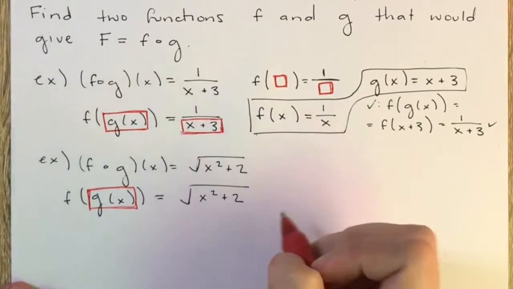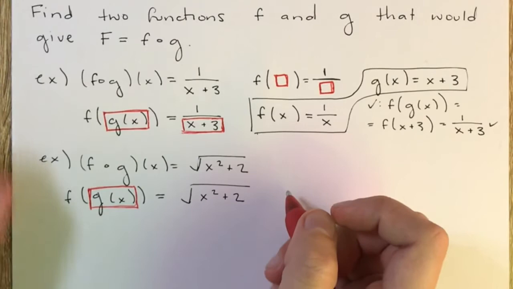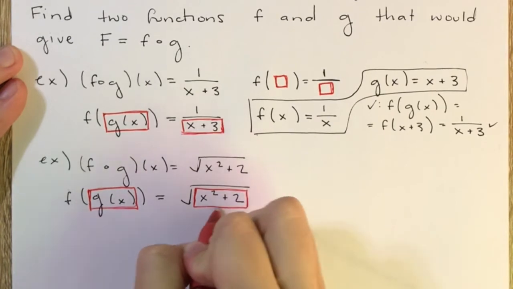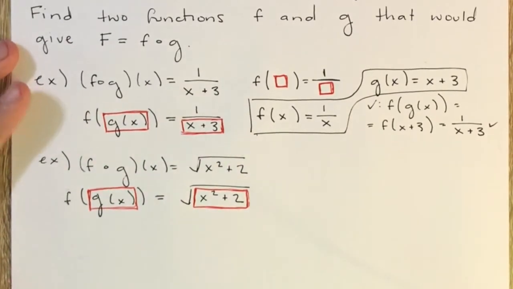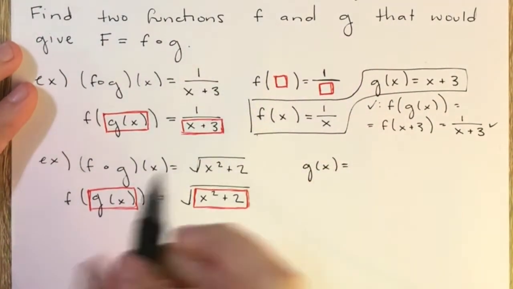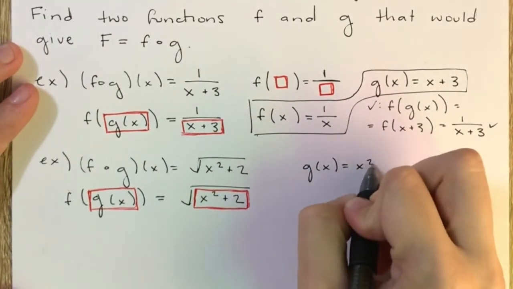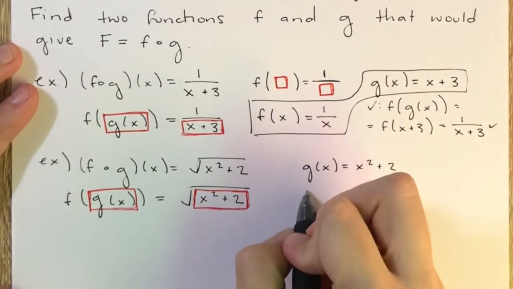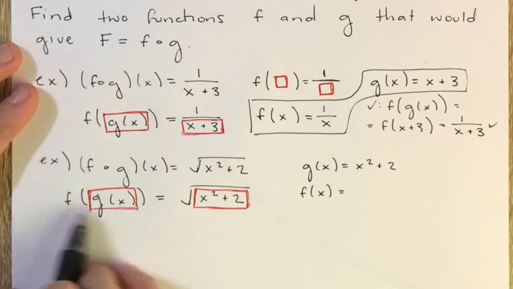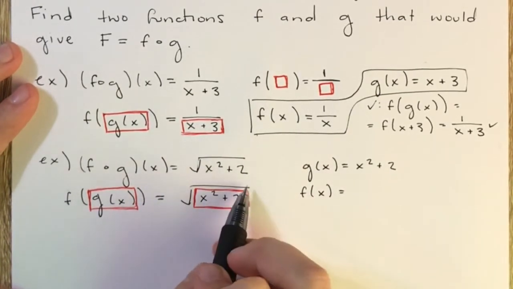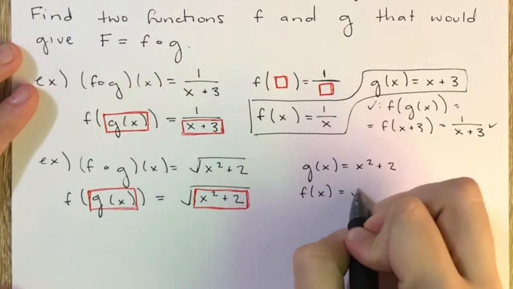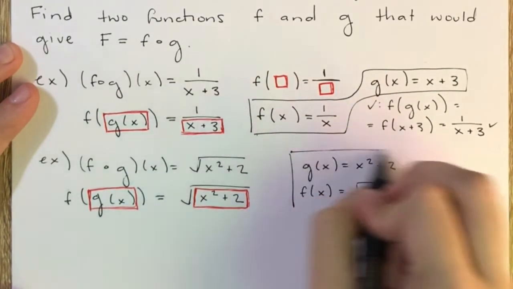So I'm going to go ahead and pick all this stuff underneath the square root. That's a great choice for an inside function. That would make g of x, we've set that equal to x squared plus 2. And that would make f of x, right? Again, we have f of square, so f of x is equal to the square root of square, right? Red square. So the square root of x. And this is my answer.